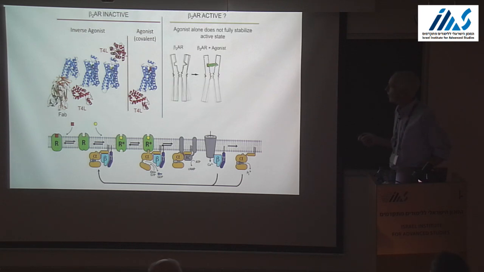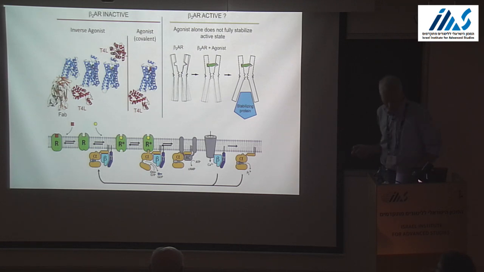And this led us back to the challenge: we knew from our fluorescence studies and other studies that agonists only stabilize a relatively small fraction of the receptor in an active conformation. So we needed something that would stabilize it. We were actively trying to get a receptor-G protein complex, but that was not succeeding.